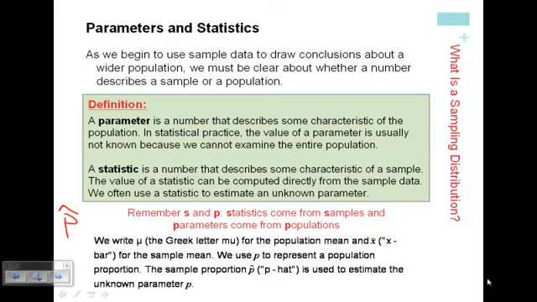So we use P for the proportion of a population, and P hat for the proportion of a sample. You okay with those changes in notation? Whenever I use mu, I know that I'm talking about something at the population level. Whenever I use X bar, I know that I'm talking about a sample. The symbols we use are going to be really important as we go on. Does anyone require more time at this slide?